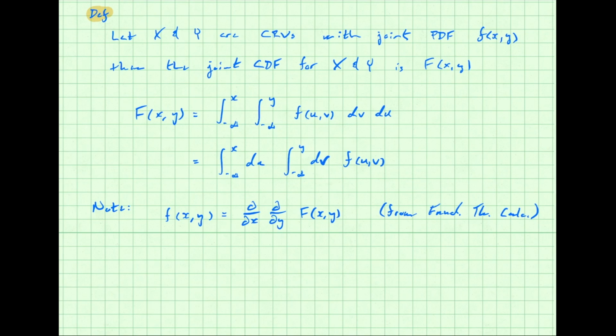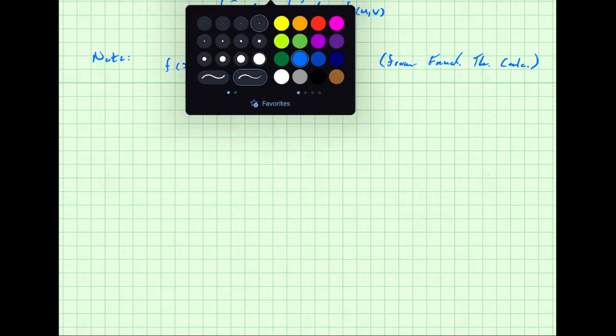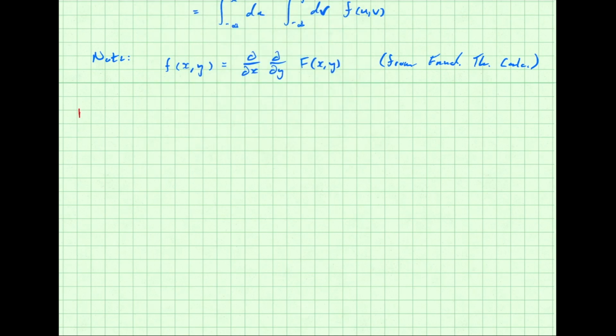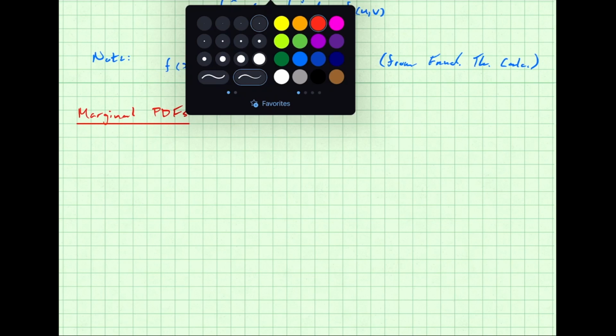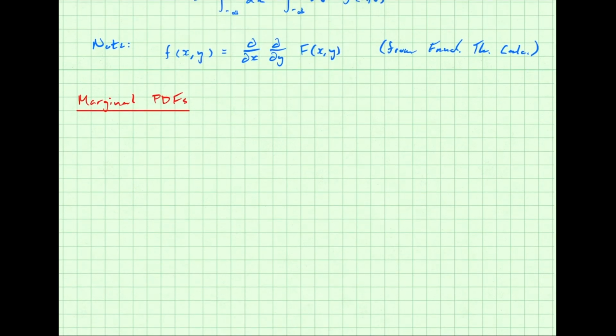All right, so now we're going to introduce the marginal probability density functions, much like we did for the discrete case. So these are marginal PDFs. And these really do follow kind of the same thing. You can almost guess what this definition is, probably. So we'll just jump right into the definition.